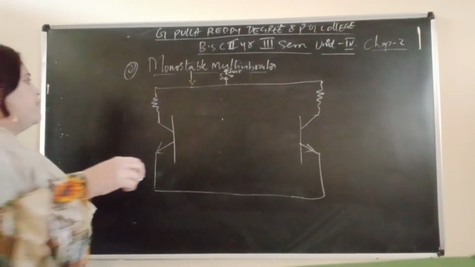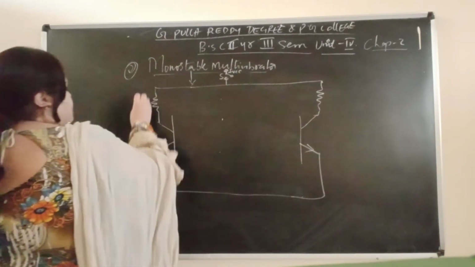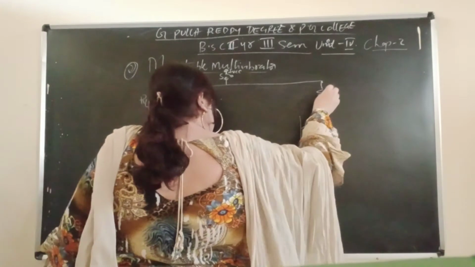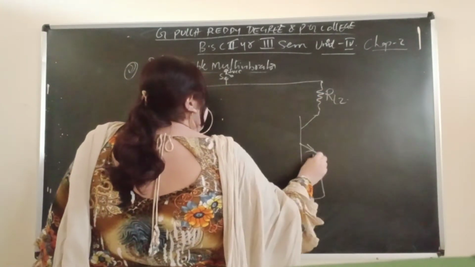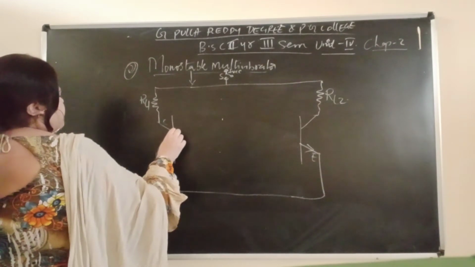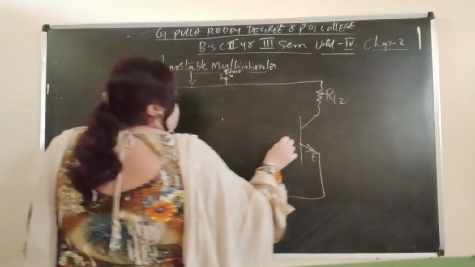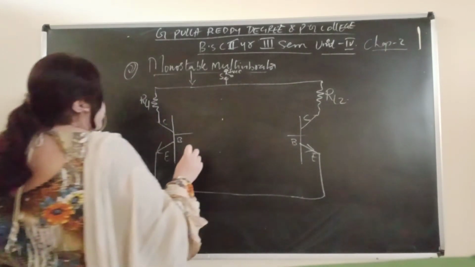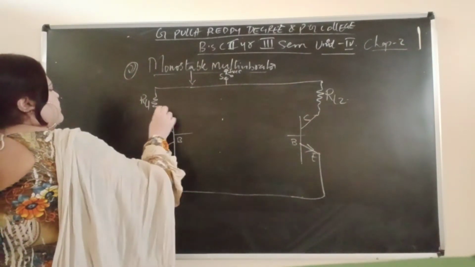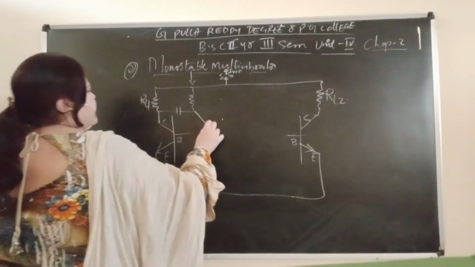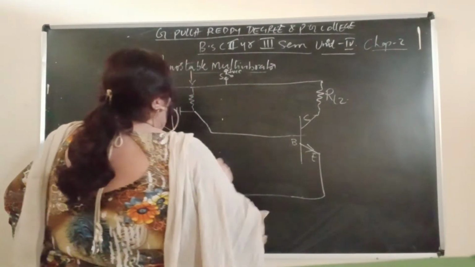Now this is RL1 and this is RL2. Emitter, collector, base. Emitter, collector, base. Then draw one capacitor, one resistor here and connect it to this input.